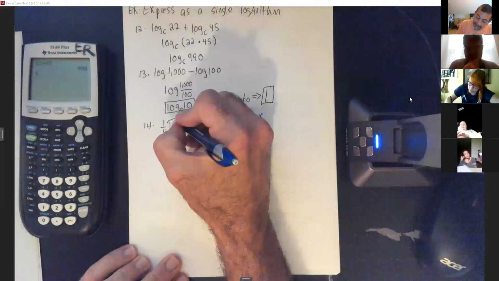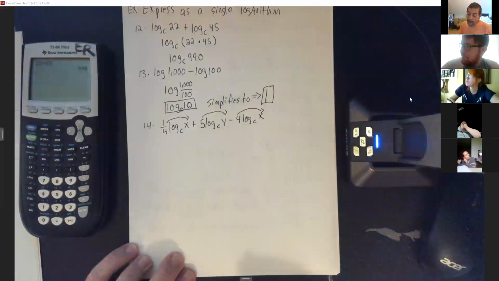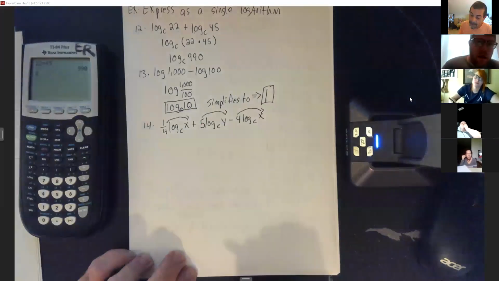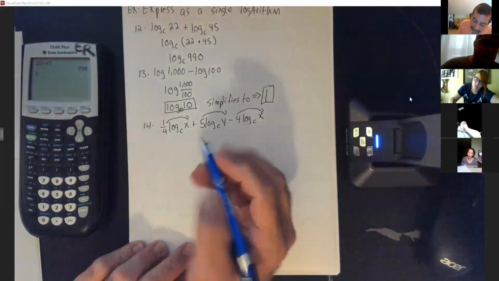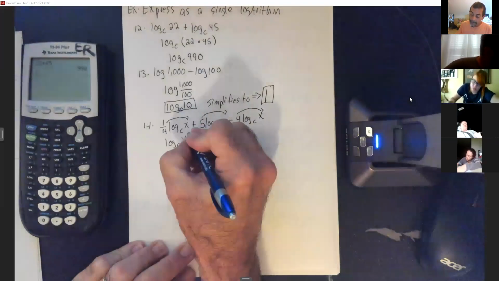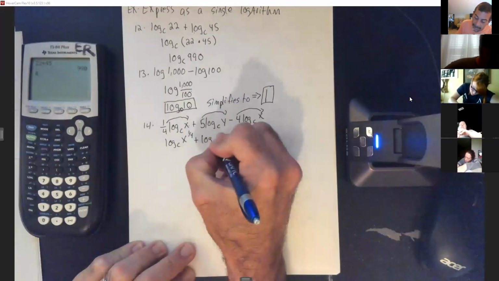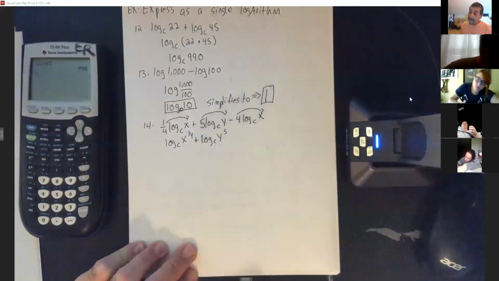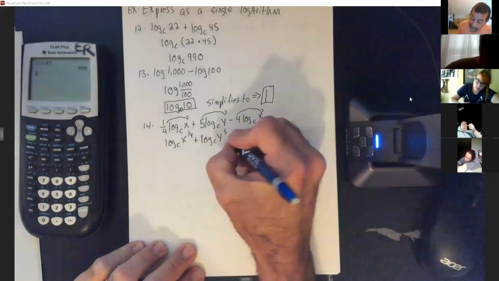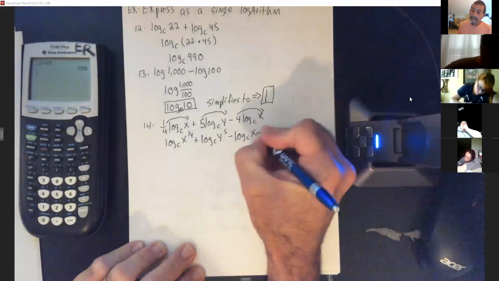Since that was my last step before, it's my first step I'm going to do now. I'm going to move all the exponents up behind the variables. So this will give you log c x to the 1/4 plus log c of y to the 5th minus log c of x to the 4th.